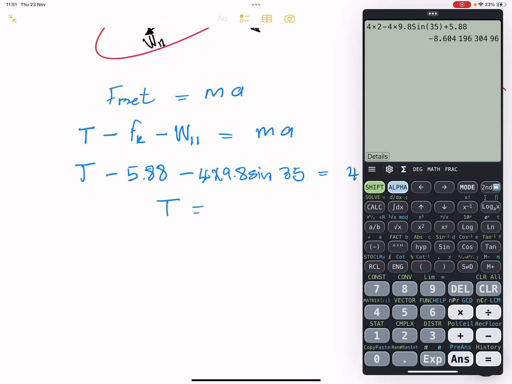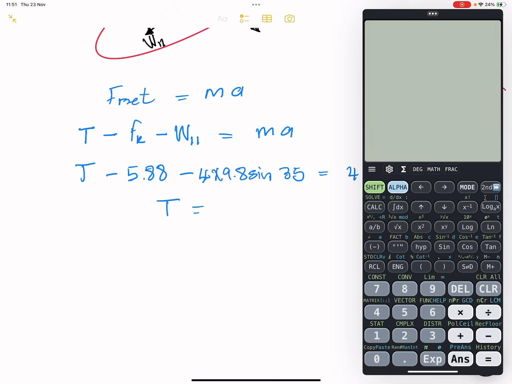Am I correct there? Oh yeah, that's because I said that's minus instead of plus. Okay, so let's delete that and put a plus. I'm not sure what I did there.